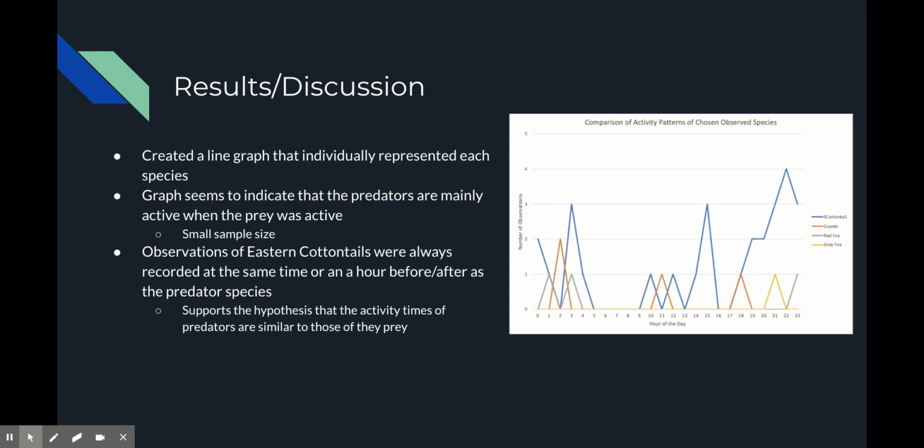This graph seems to indicate, and I say seems to because of the small sample size, that the predators are mainly active when the prey was active.